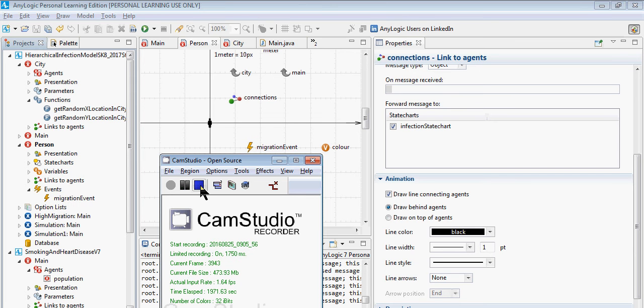They all might be associated with different colors of visualization and different semantics in terms of when you send a message over that network, which state charts get that message. So it provides a nice way to capture multiple types of network structures simultaneously. And if I'm not mistaken, 1 or 2 of our models that we provided to you make use of that and show how it can be used.